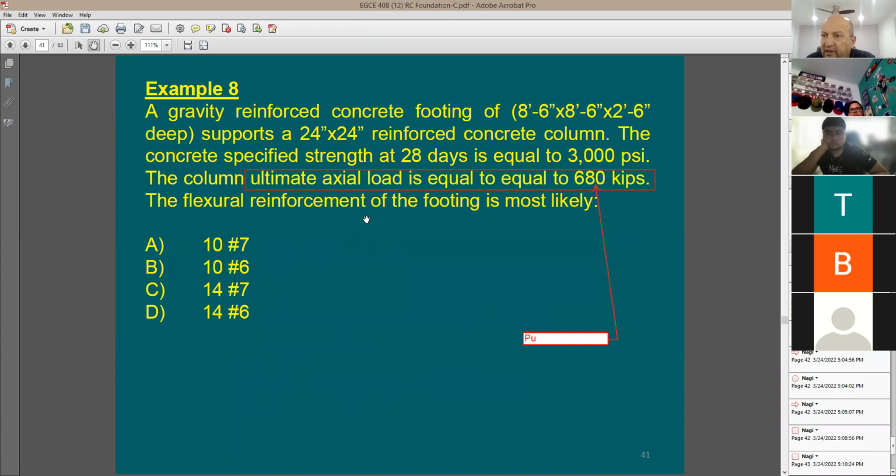Some items here that I'd like to stress. Item number 1: when you do the footing size, you do it based on the service load, meaning just dead load plus live load, just to come up with the footing size. This is going to be soil design. We call this soil design actually. Item number 2: when you do the reinforcing or the shear or whatever, if you are designing the concrete member, you need to use P ultimate.